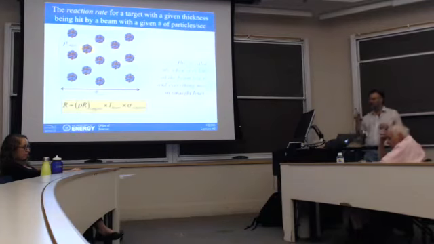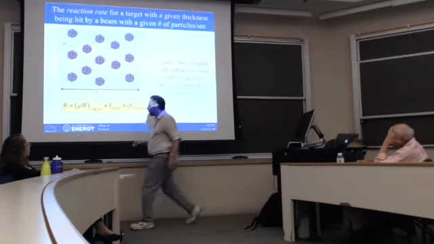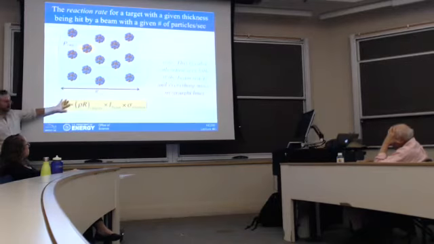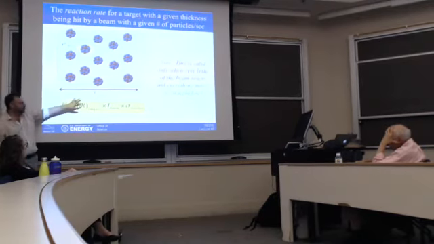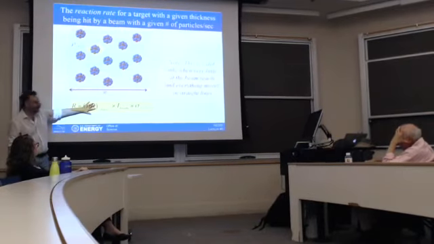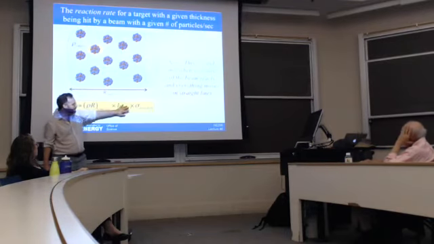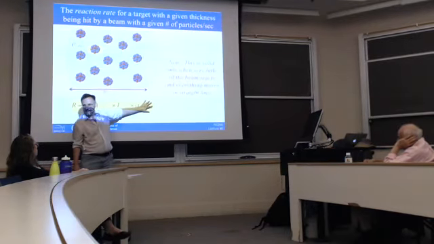So understand what we have here. And we say this in math all the time, that quantities are proportional to one another. This is the number of reactions that I have per second. You can think of it as the number of times I hit per second. The number of times I hit per second is proportional to how many targets I have in front of me, how many particles I'm throwing per second, and how big each target is.